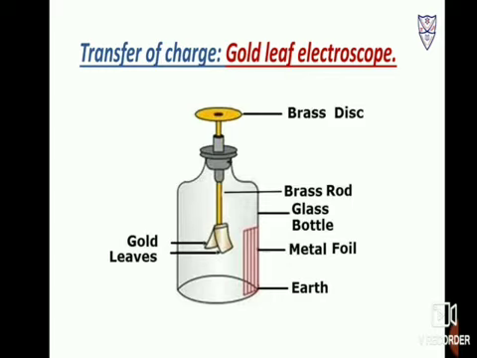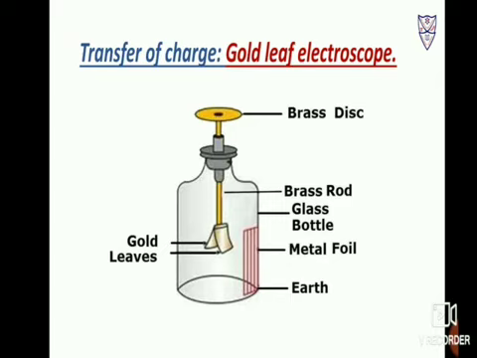Now the glass jar protects the gold leaves from outside air currents. From the outside atmosphere, this glass jar protects the leaves. Now at the lower part of the glass jar, what can you see? You will see that its interior is surrounded by a metal foil.